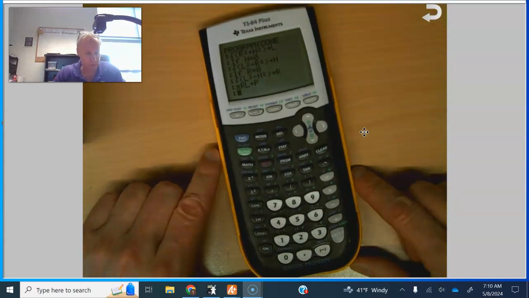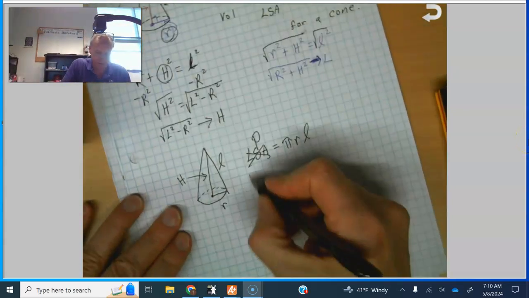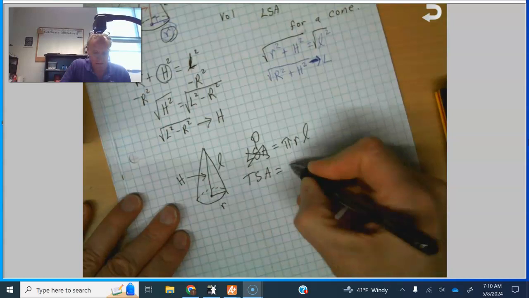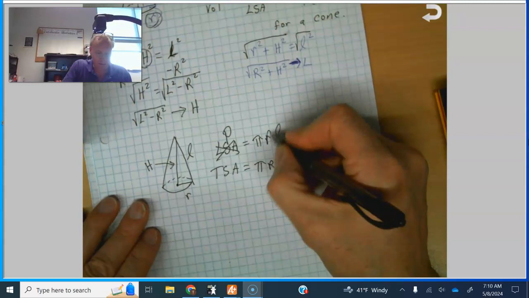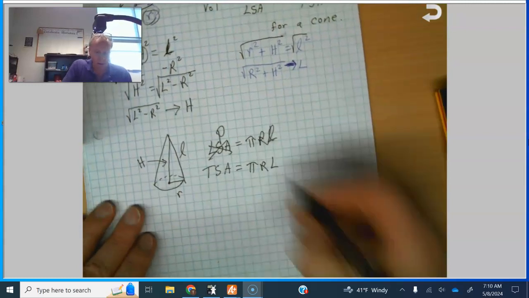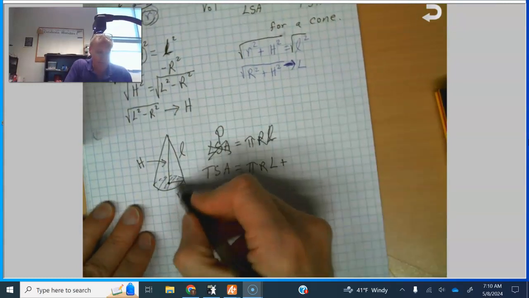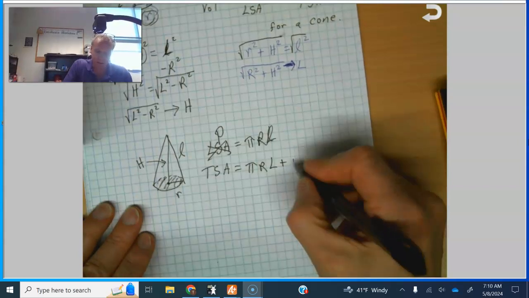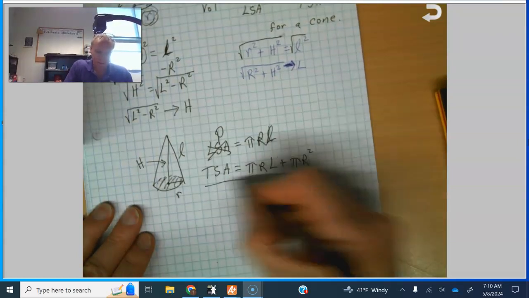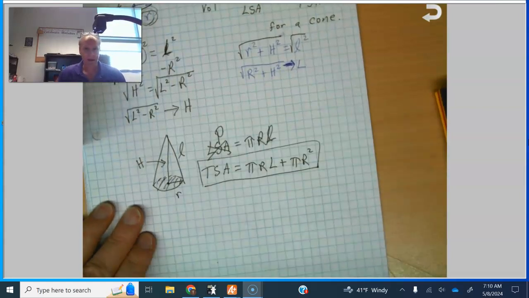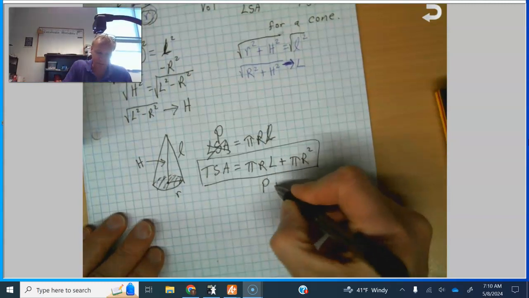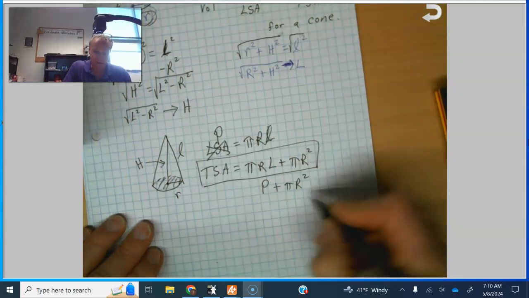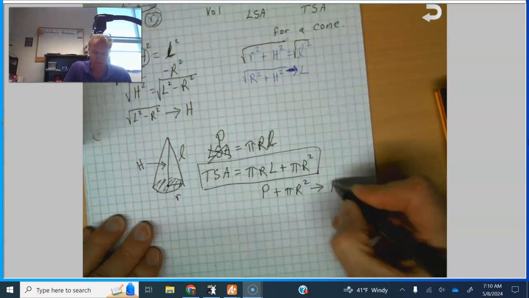Now, in order to get the total surface area, I have to add the bottom. So for the total surface area, I'm going to take the pi RL, and I'll go ahead and use the capital since that's what I'm doing in my calculator. Plus, now I have to add the bottom. Well, the bottom is just a circle, so it's pi r squared. There it is. And I'm going to go ahead and put it in like that. Now, what I could do is I could just put P plus pi r squared into my calculator and store that as my total surface area.